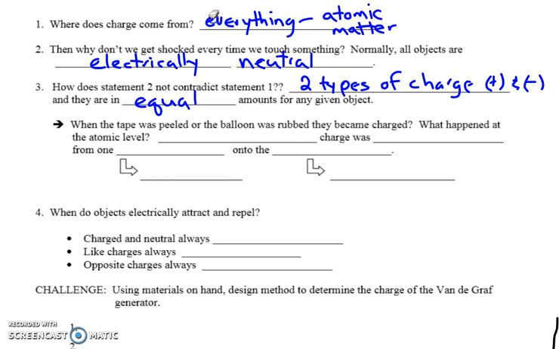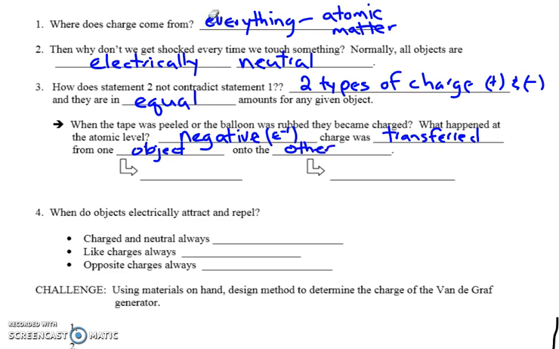All right, so let's take a look at the tape. So when the tape was peeled, or if we rub a balloon against your head, why did they become charged, okay, at the atomic level? Basically, what happened is the negative charges, the electrons, I'm going to put an e here, -1, were transferred from one object onto the other.